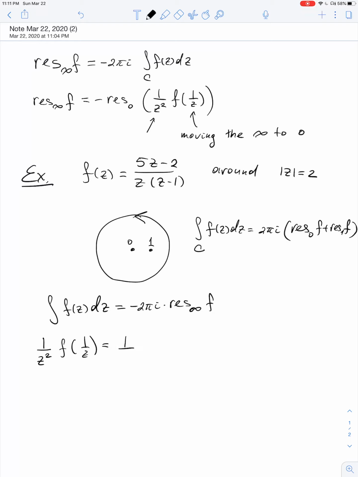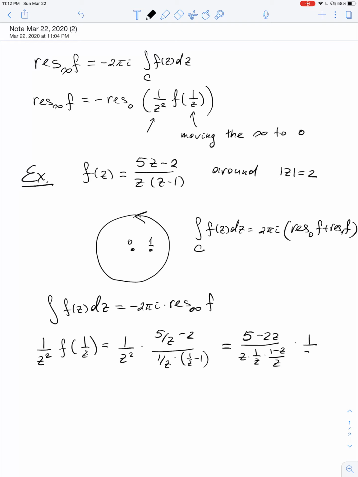And what is this? So we have 1 over z squared, and then we have 5 divided by z minus 2. We have 1 over z times 1 over z minus 1. Alright, so let's do common denominators everywhere. We get 5 minus 2z. Here we have z, we have 1 over z, and we have 1 minus z over z.